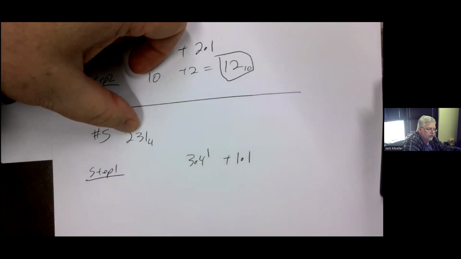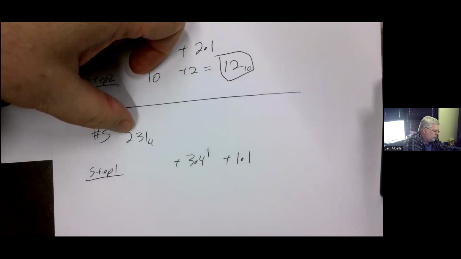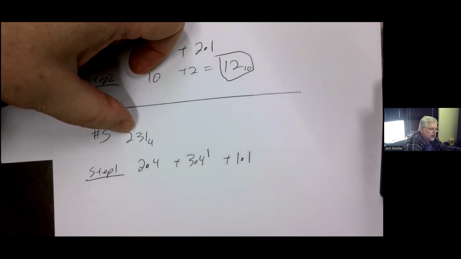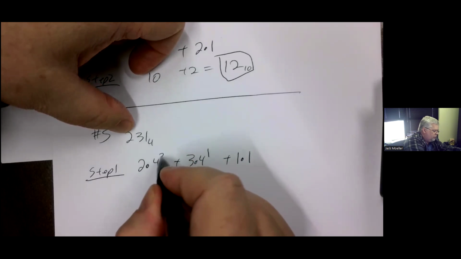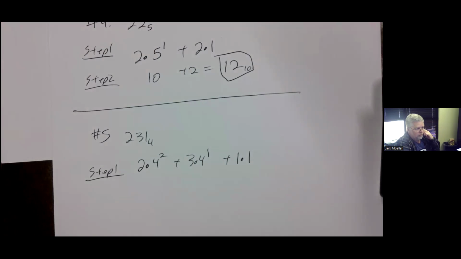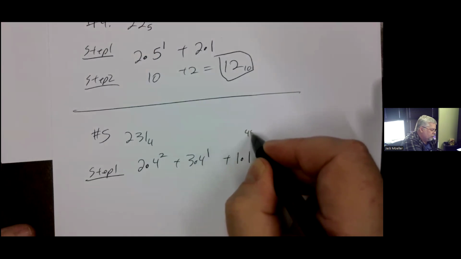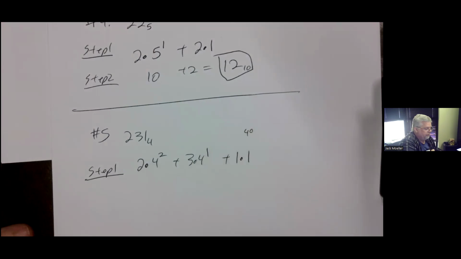The second column is always to the first power. Now the third column, that's 2 times 4 to what exponent? Well, we had 0, 1, now that is exponent 2. Remember, the ones is 4 to the 0, then we have 4 to the first, and 4 to the second.